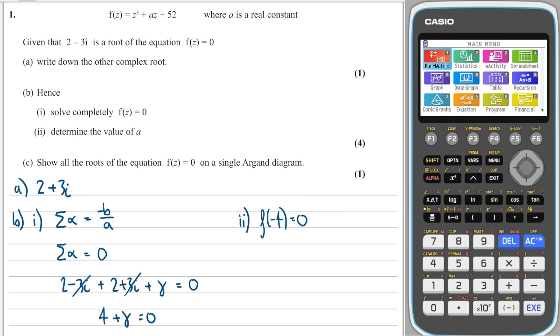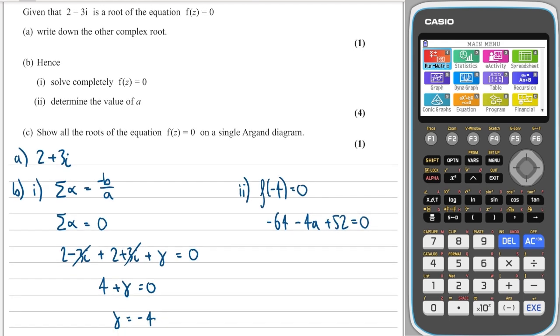So substituting into the function, minus 4 cubed is minus 64, plus az, where z is minus 4, so minus 4a, plus 52 is equal to 0 by the factor theorem. So this tells us that minus 12 minus 4a equals 0. So we can say that a must equal minus 3.